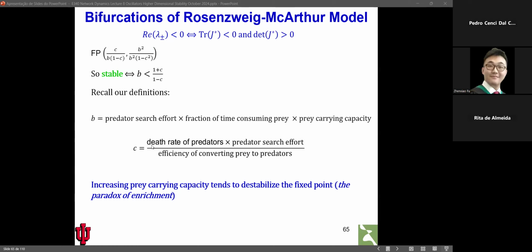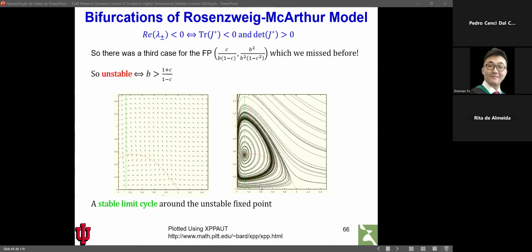So C is going to be the death rate of predators versus the predator search factor divided by the efficiency of converting prey to predators. If I increase the prey carrying capacity, it will tend to destabilize the fixed point, the paradox of enrichment, even if you have lots of it.